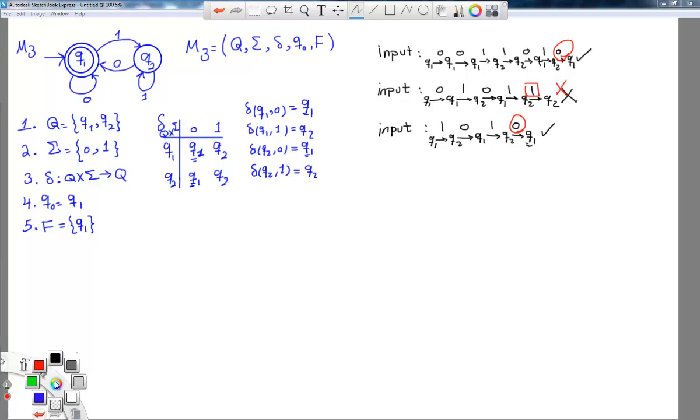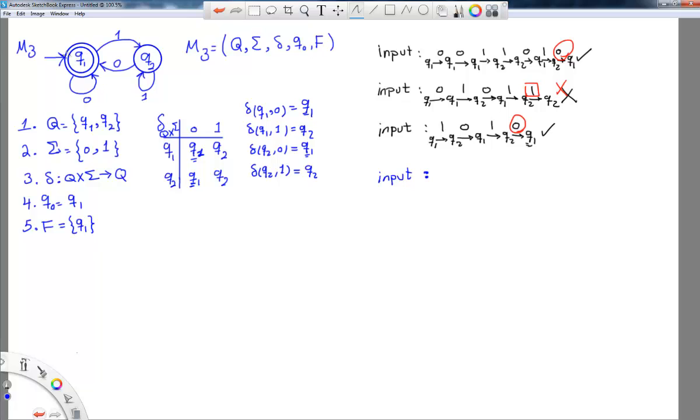Now, there's an interesting question, and that is what if our input doesn't have any symbols in it? What if our input is nothing, right? So this is a very interesting question.